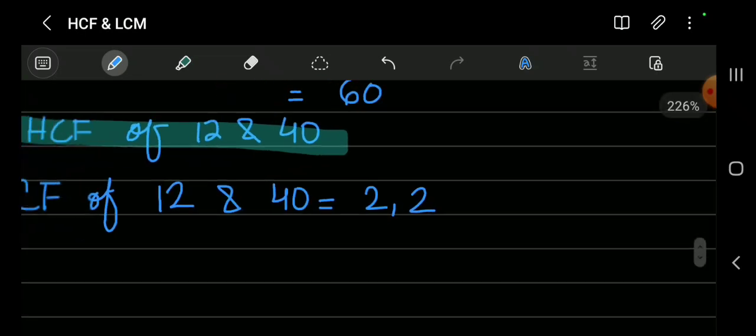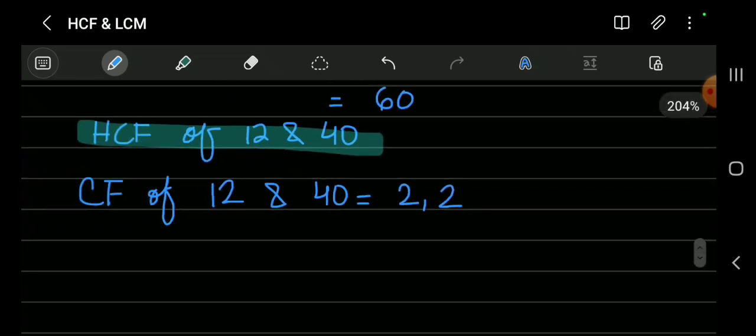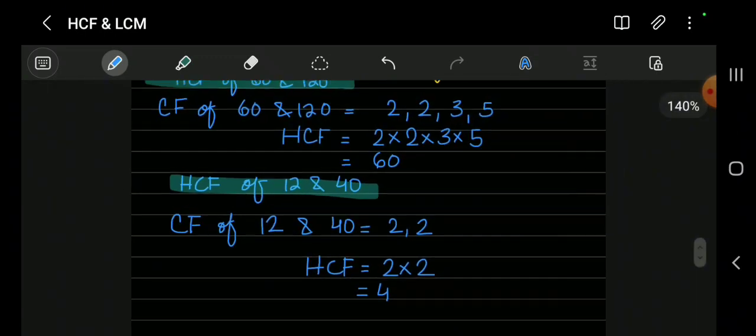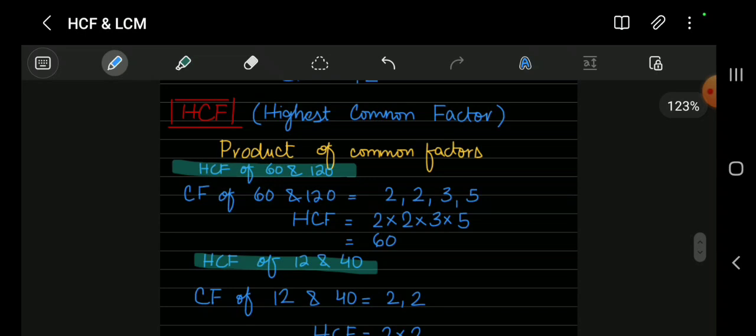So what would be your HCF? Your HCF would be the product of all its common factors. So the product would be equal to 4. This is your HCF. This is how you find the highest common factor of any two numbers: you multiply all the common factors.